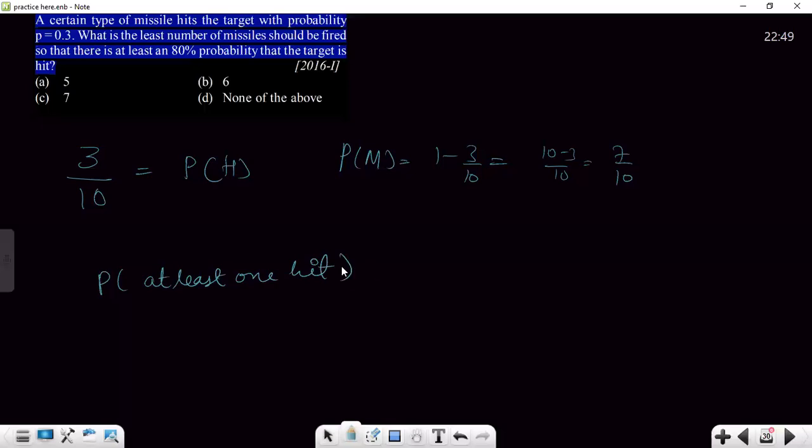Okay. We have discussed multiple times earlier that whenever we discuss at least one hit, we subtract from 1 the probability of getting no hit. At least one hit out of how many trials? We don't know. Out of n trials, and we have to find those n trials. And we have to subtract the probability of getting no hit out of n trials.